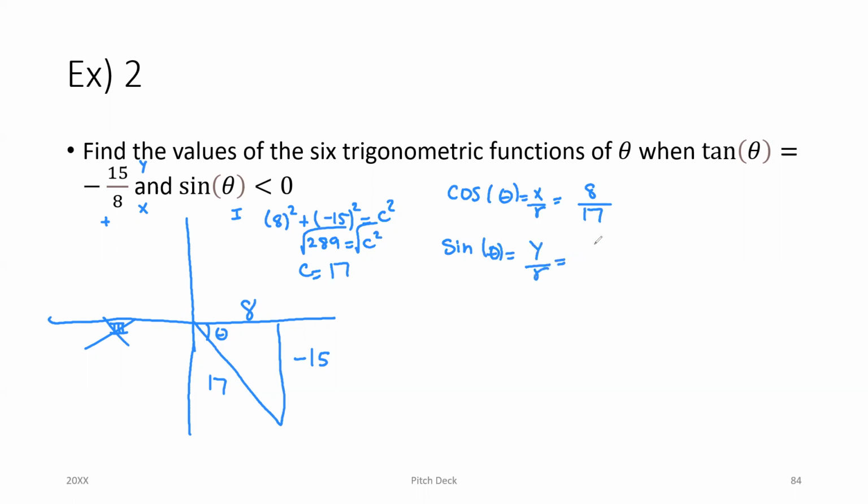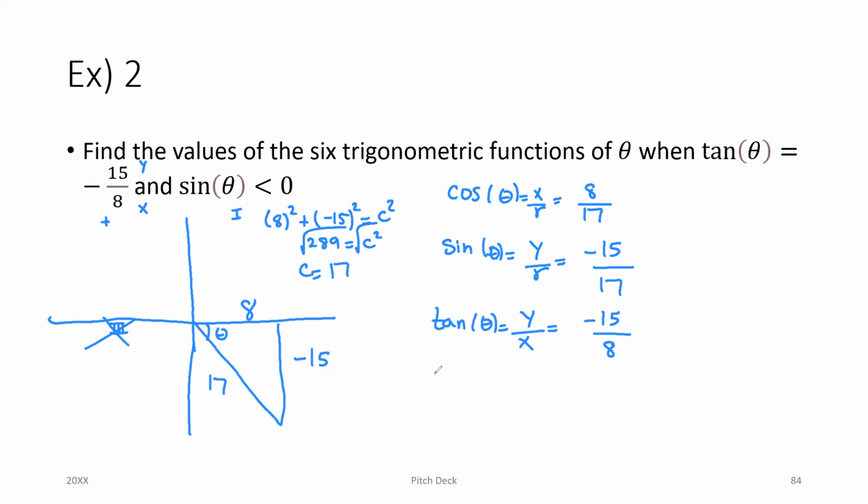So my y value is negative 15, and then my radius is 17. Tan theta is y over x. So my y value is negative 15, and then my x value is 8.